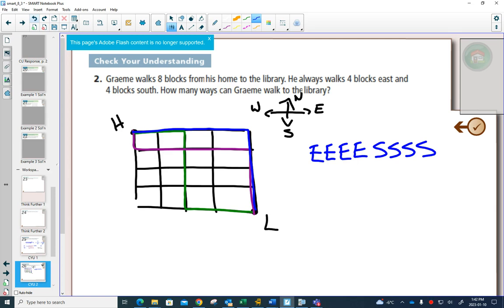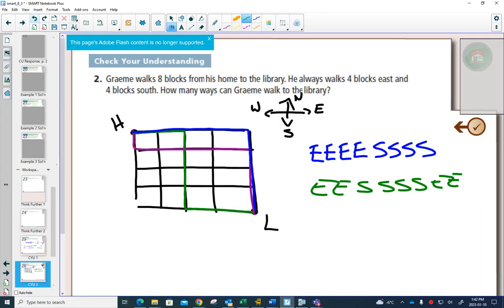Now, can you see that every time I rearrange the letters, I would make a different pathway? The reason I thought he would take the green one is that this is probably the easiest route to take. Now, how many ways are there in total?